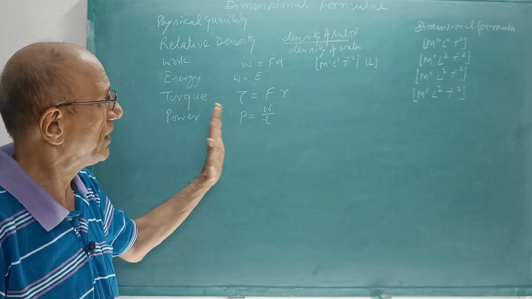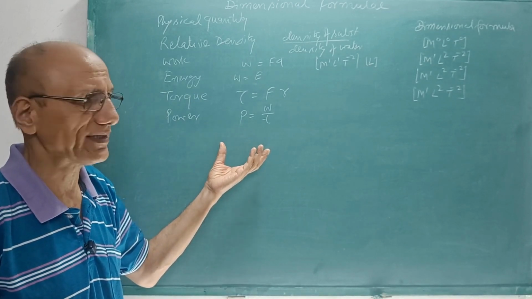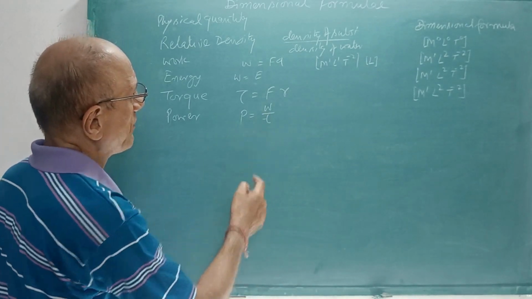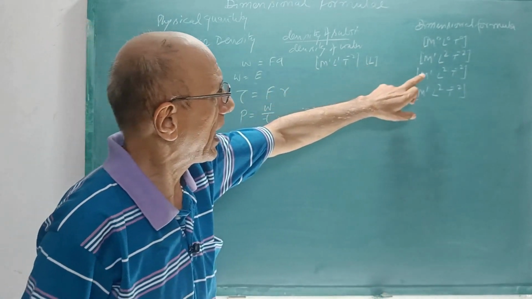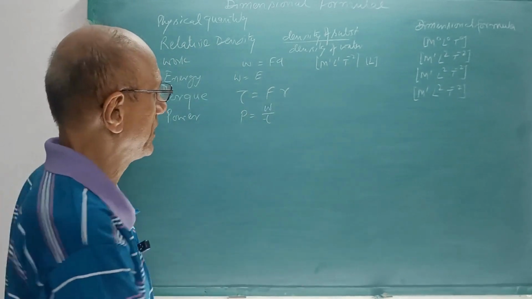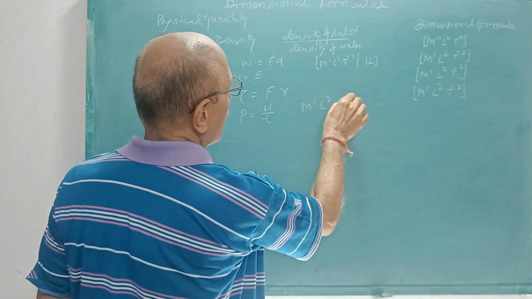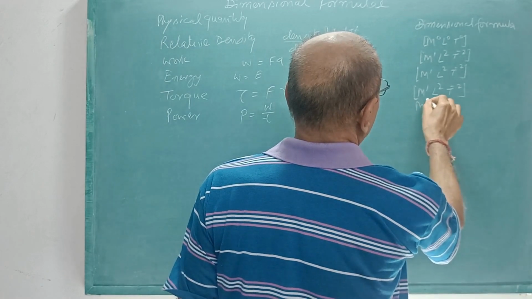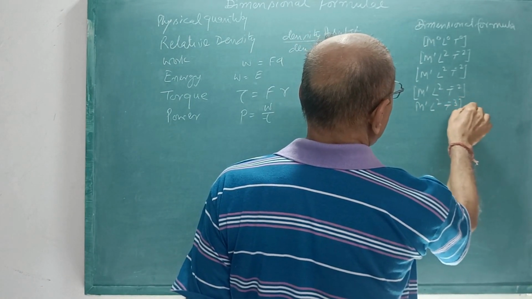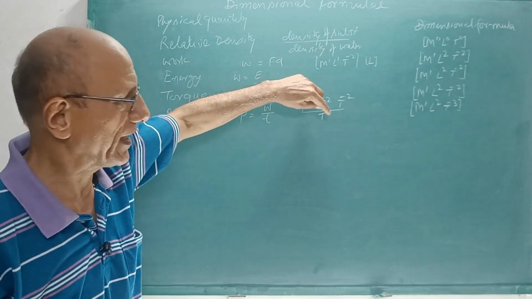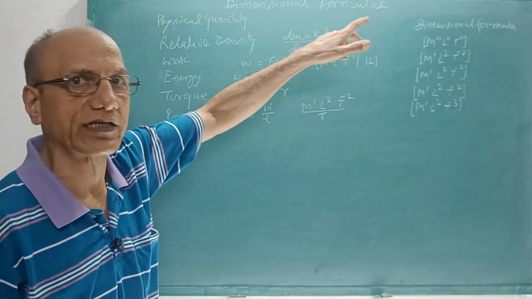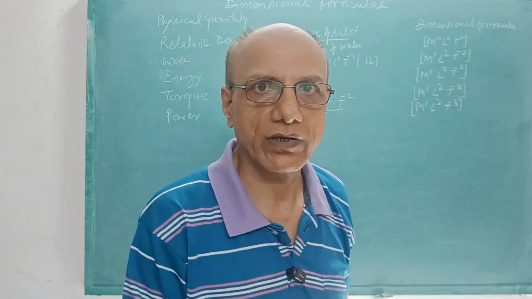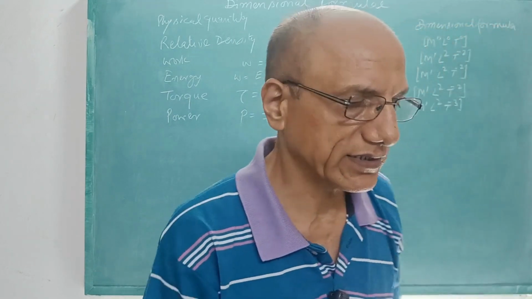So be well versed with the formulas and then you will not have any problem. So work upon time: work is M1 L2 T minus 2 divided by time. So you will get M1 L2 T minus 3, since minus 2 and minus 1 is minus 3. So the power is M1 L2 T minus 3.